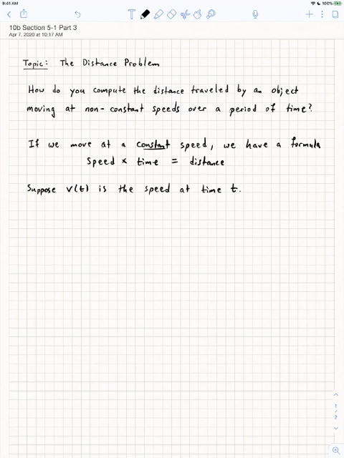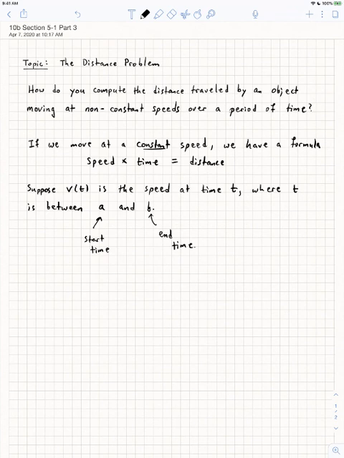So suppose v of t is the speed at time t, where t is between a and b. So that is, our start time is a, and then b is our finishing time, or our end time. And suppose we want to know what the distance traveled is during that time.